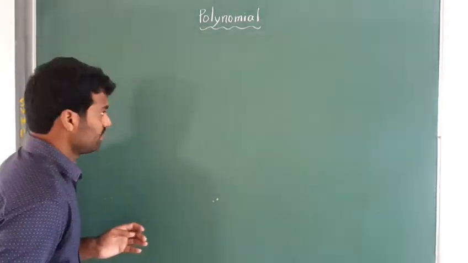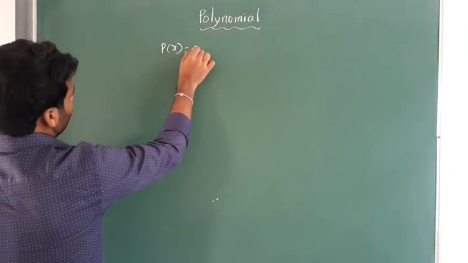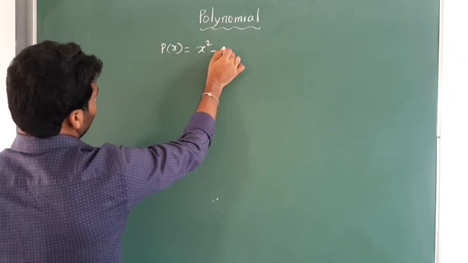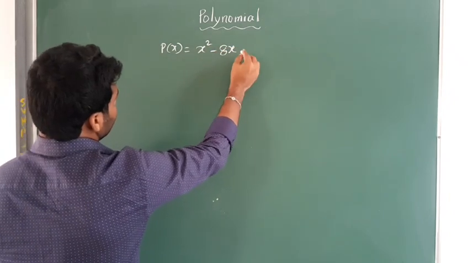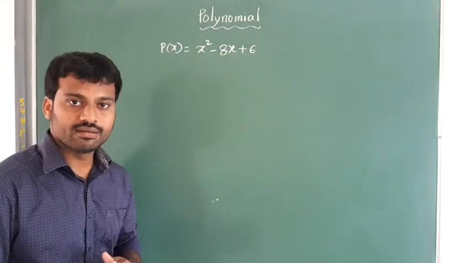Suppose I take an example. If p of x is equal to x square minus 8x plus 6, this is a polynomial.